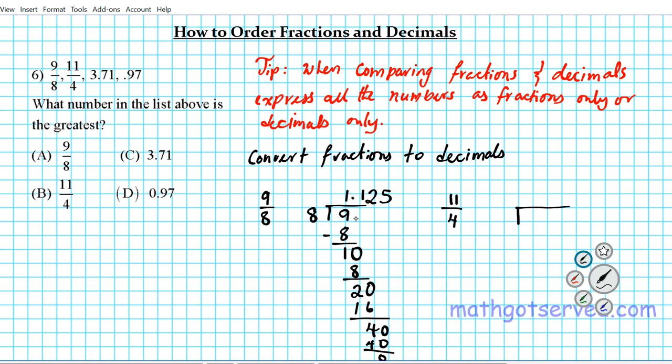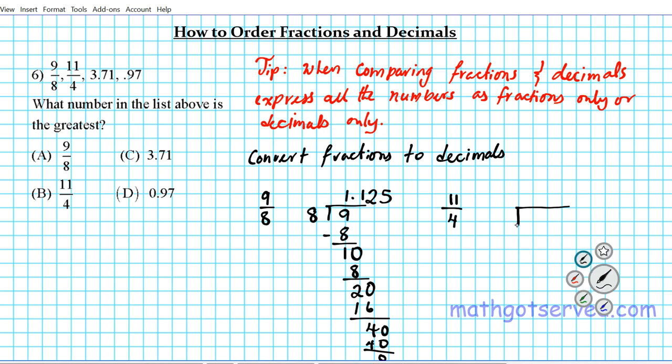We're comparing it to these two numbers, and you see that this number here, 3.71, the whole number part of it, the number that's greater than 0, is bigger than 1. So just after the first step, you automatically know that this is smaller, because we're looking for the greatest. So you know that 9 over 8 is smaller than 3.71. You didn't have to do the whole thing, but I just wanted to do a real quick review on long division for you.